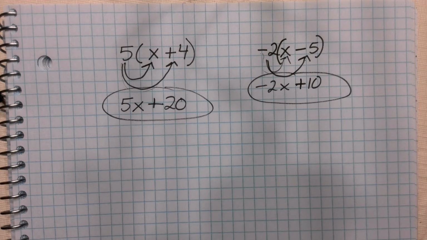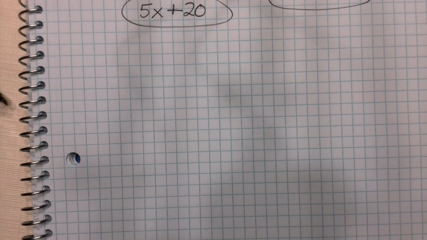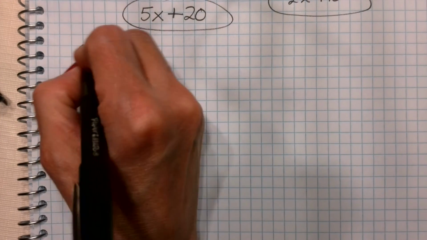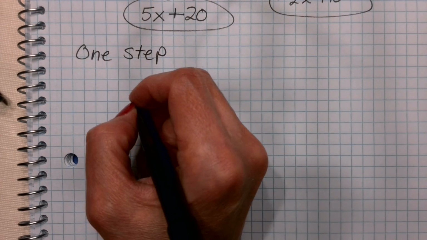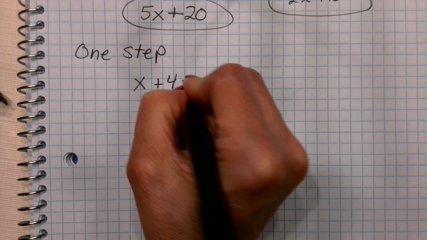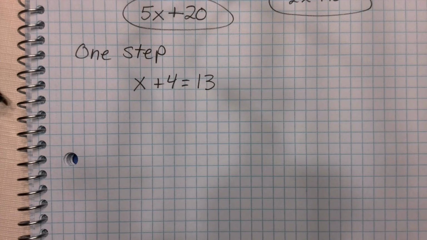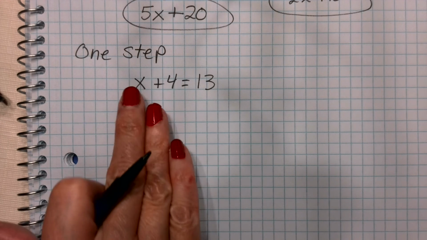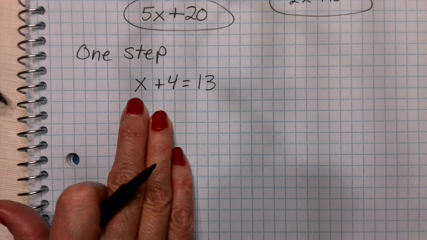So solving one-step equations, you're just using the inverse operation to solve. So if I have a problem, so these are what we call the one step. So if I have a problem like x plus 4 is equal to 13, and I want to figure out what my x is, I need to get my variable, my x, to one side of the equation all by itself.